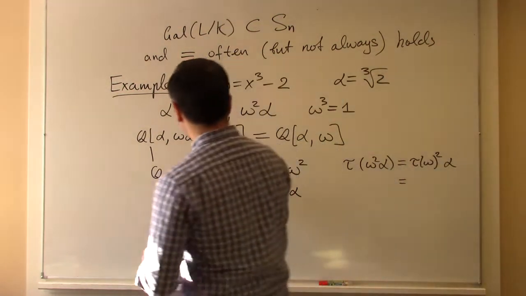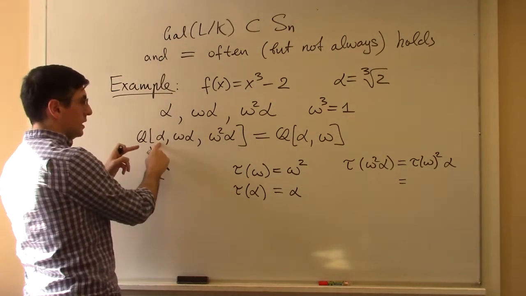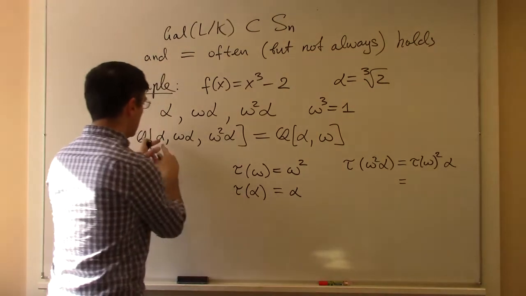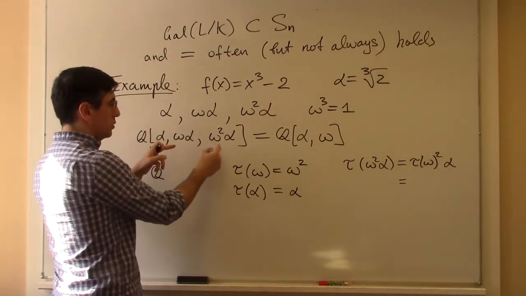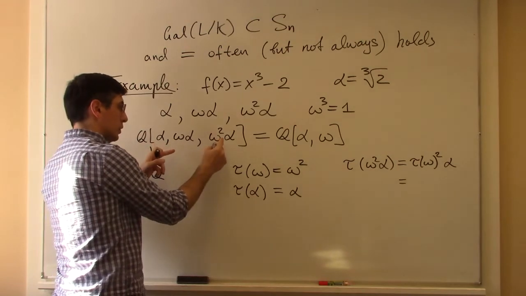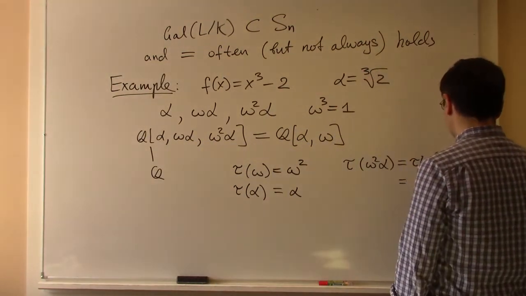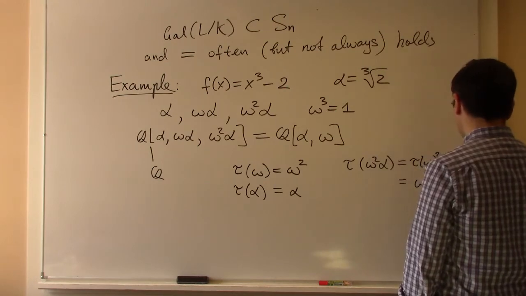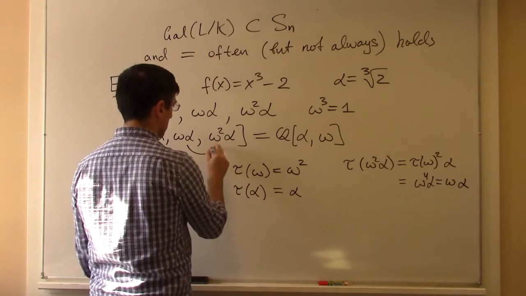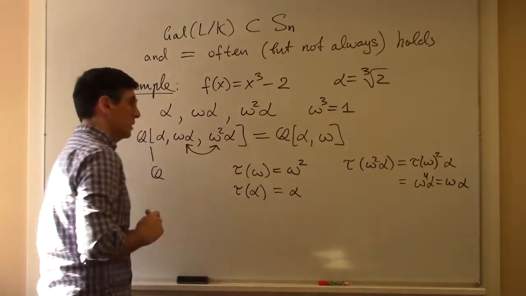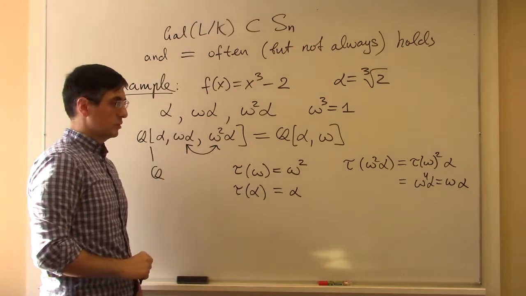Actually what I said is wrong. When you apply tau to alpha, it remains alpha, of course. It doesn't move to this root. But if you apply tau to omega squared alpha, then this is omega fourth alpha, which is omega alpha. So it's simply a permutation of these 2 roots. This tau flips these 2 roots.